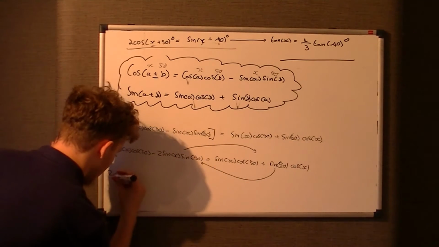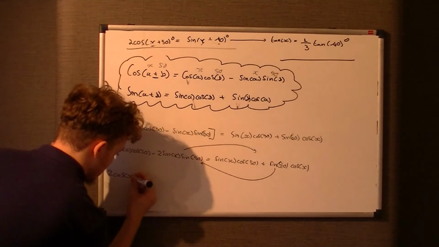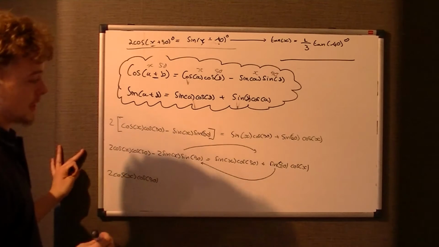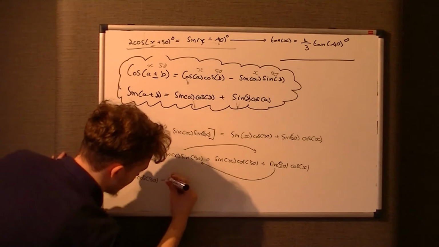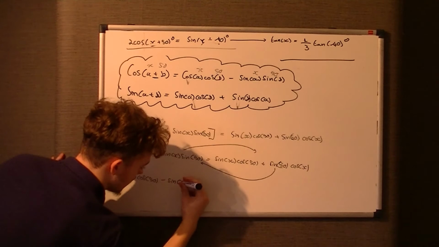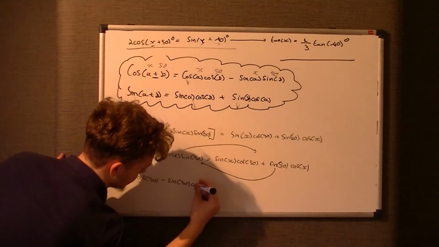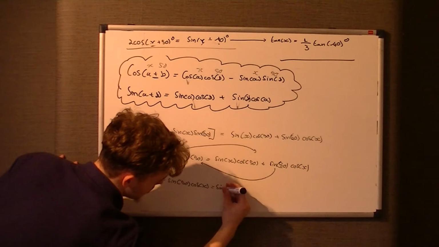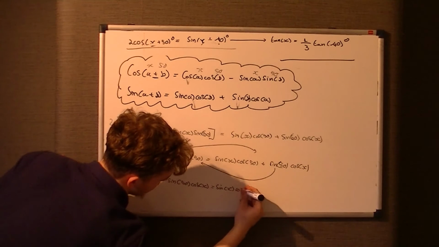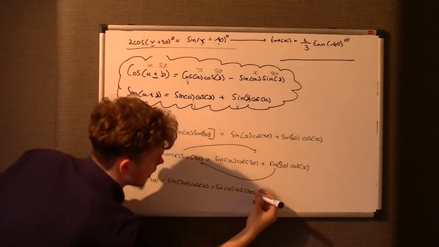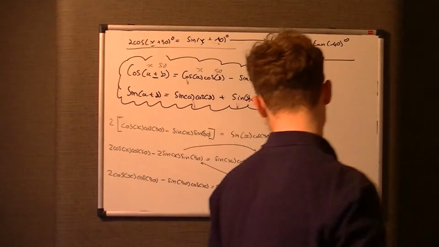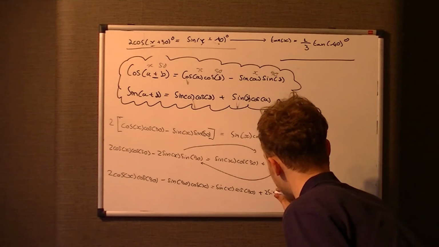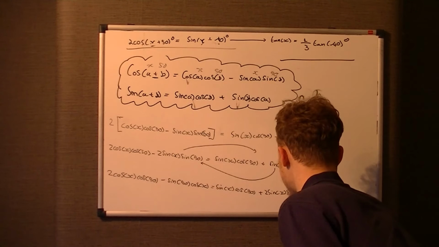So on the left hand side we've got 2 cos x cos 50, and remember, we're taking away sine 50 cos x on both sides, so it's take away sine 50 cos x, or cos x sine 50. It means the same thing. And that's equal to sine x cos 50. And as I said, we're adding 2 sine x sine 50 to both sides, so we add 2 sine x sine 50.